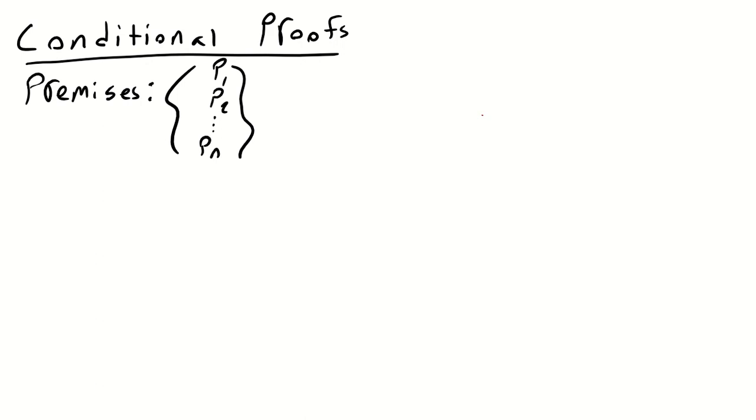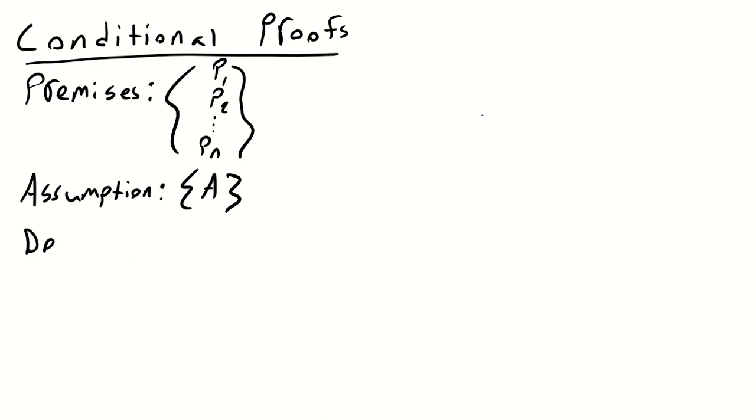We then make an assumption. And we'll just call that assumption A. It's the proposition A. And then through our standard rules of inference, like modus ponens, modus tollens, disjunctive syllogism, and so on and so forth, and with that assumption, we derive new things.